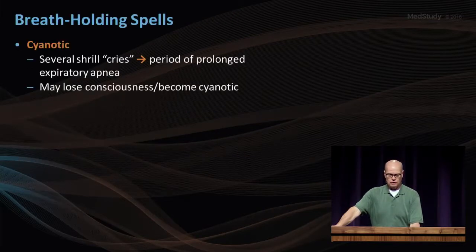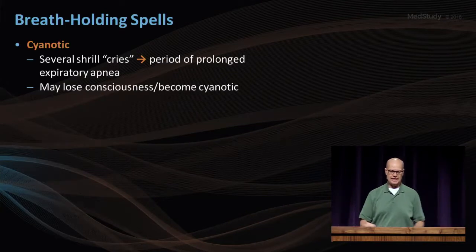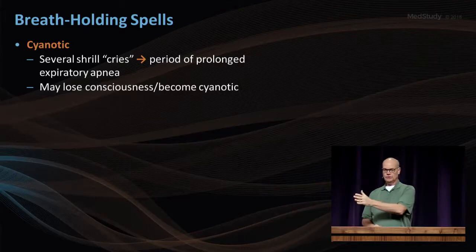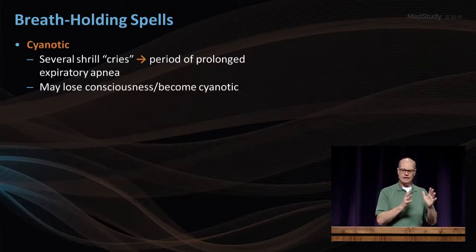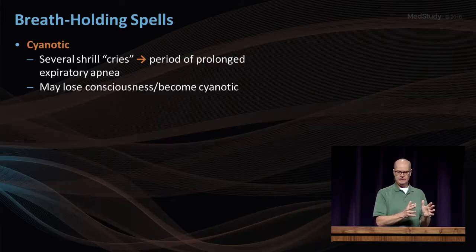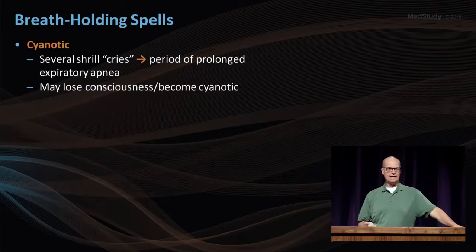So, what are breath-holding spells? There are two kinds. Cyanotic: no, you can't have a cookie. No, you can't have this toy. The child cries, cries, cries, then holds their breath, and then loses consciousness, may have a seizure, may become cyanotic, and it's very frightening, obviously, to parents.